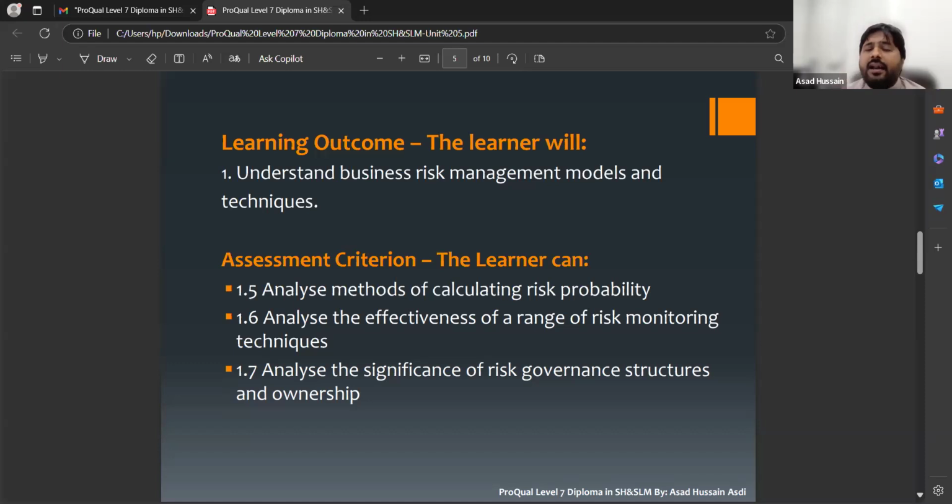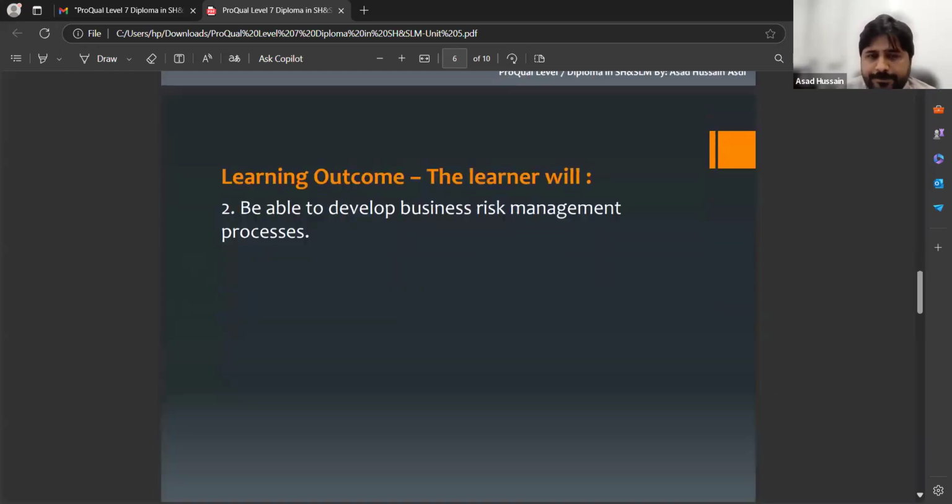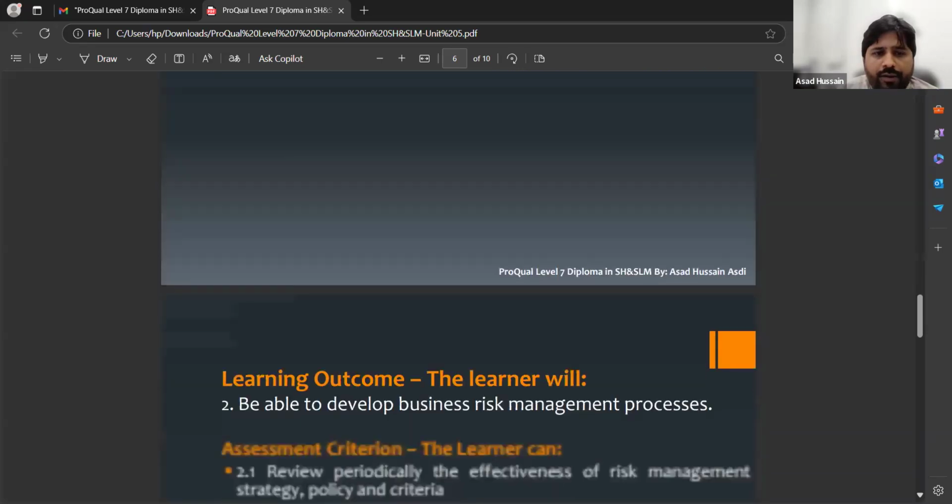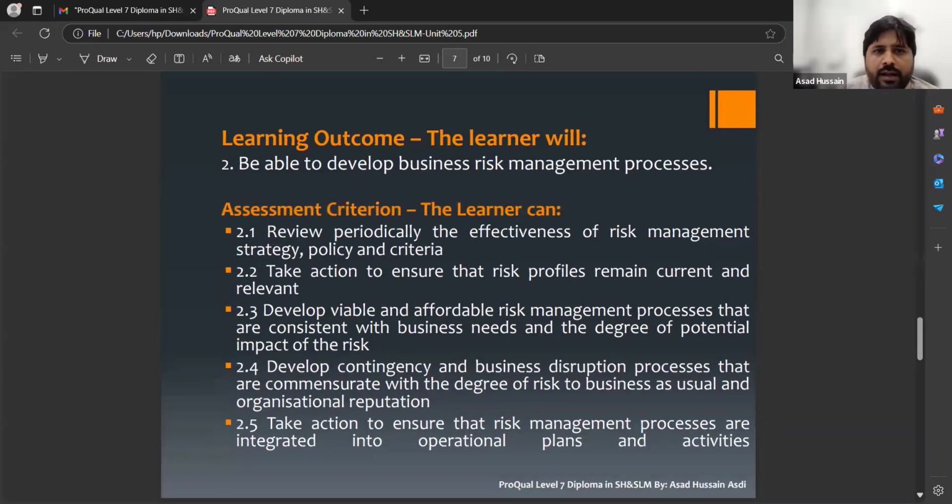He should have a clear understanding of what is going on in his organization with regard to these assessment criteria, give the explanation and narration, and provide evidence related to these assessment criteria. Now we have learning outcome 2.